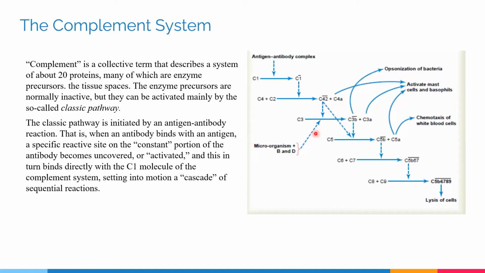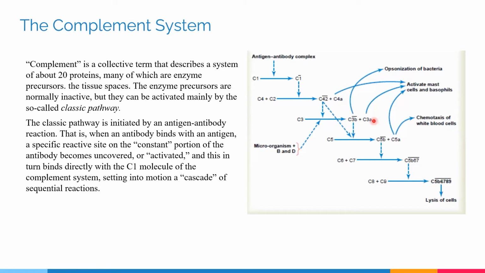C42 then cleaves C3 to form the active C3b, which in turn cleaves C5, which forms the active C5b, which in turn catalyzes the reaction between C6 and C7 to form C5b67, which finally catalyzes the reaction between C8 and C9, forming the C5b6789, which is the lysis complex of the complement system that is finally formed.